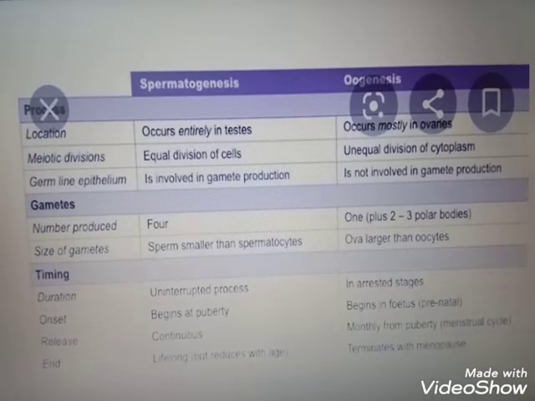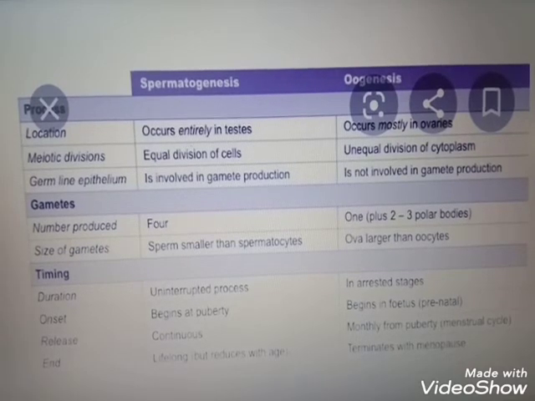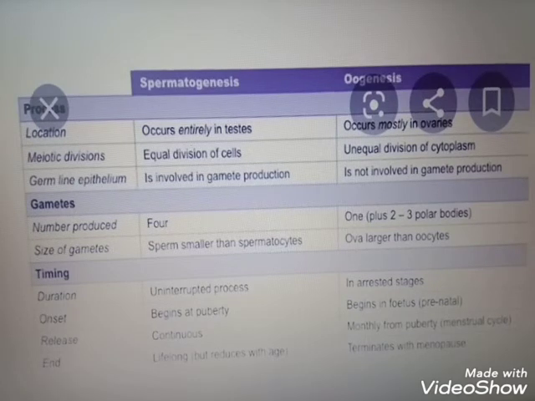The same things that I read here. The first one is spermatogenesis, that occurs only in the testes. Oogenesis occurs in the ovary. Okay, in spermatogenesis there is equal division of cytoplasm, and in oogenesis there is unequal division of cytoplasm.